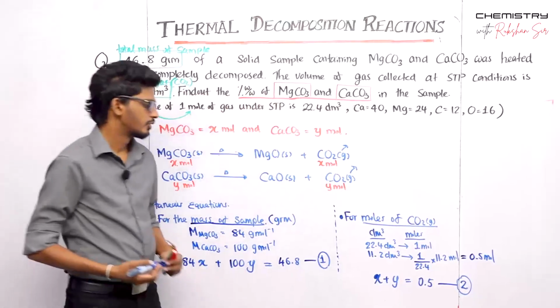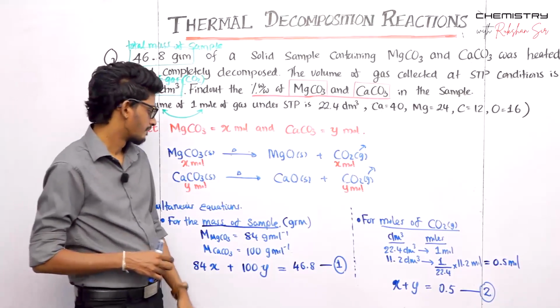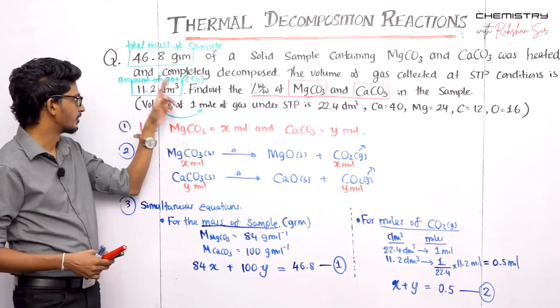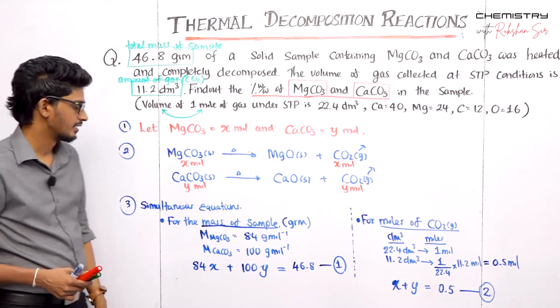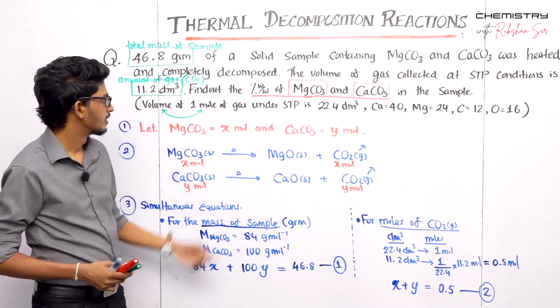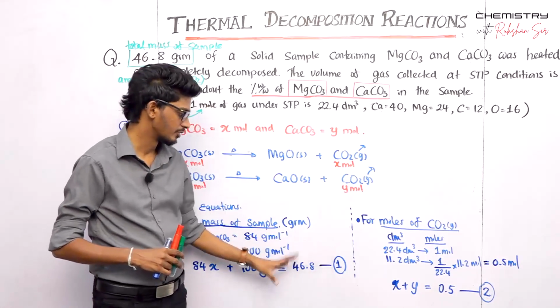Two simultaneous equations are written now. One is for the mass of the sample for the first data point, and the second one is for the amount of gas in moles. So two simultaneous equations are built up with the use of two data points. Now we have two simultaneous equations in terms of x and y.